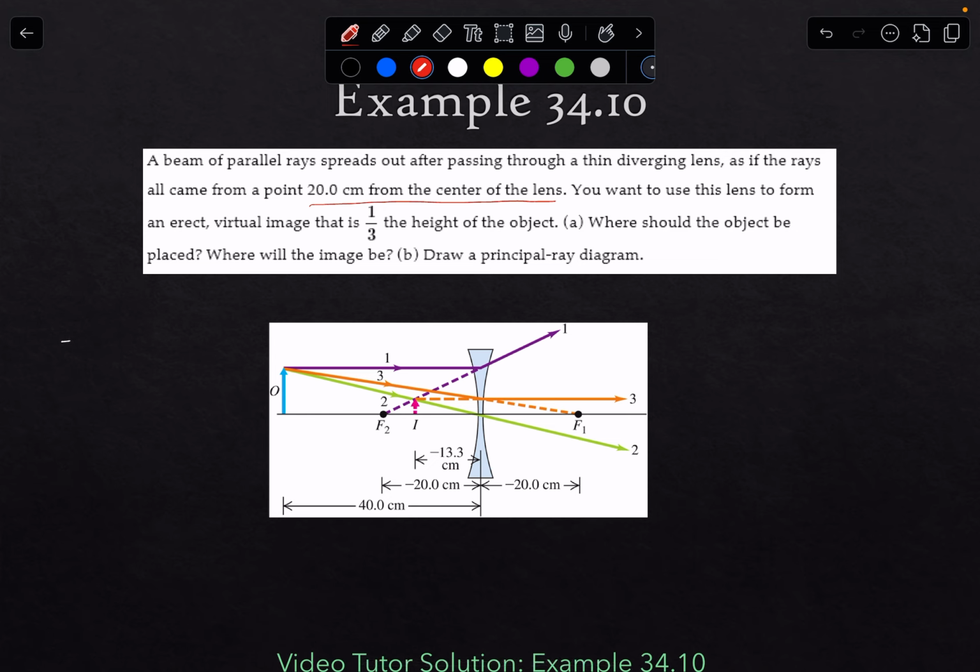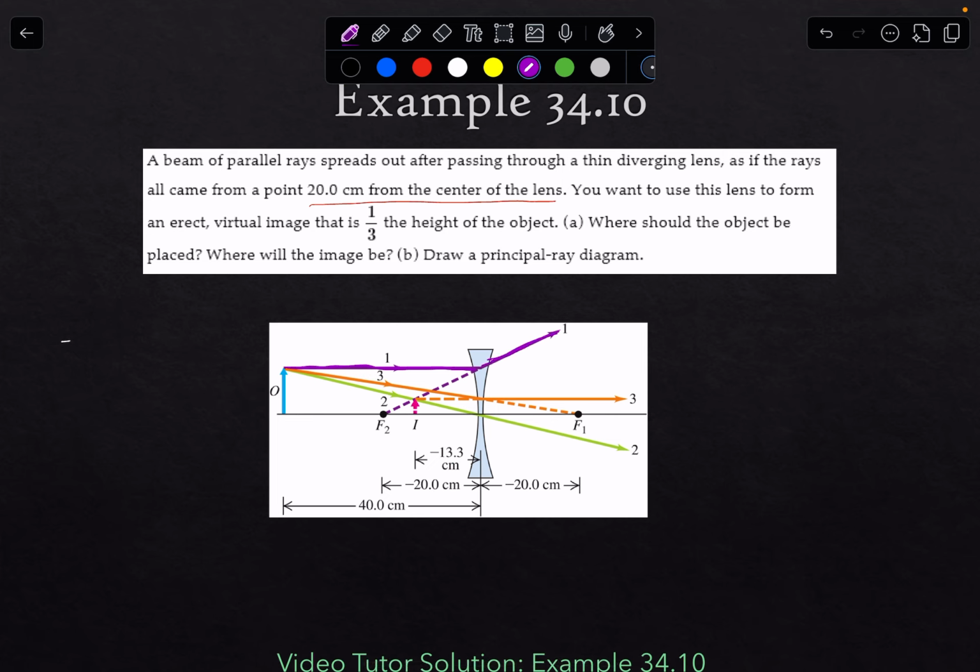What is it? Well, the way that diverging lenses work is, let's look at the purple ray here. Okay, this is the object, and these are all the possible light rays, an infinite number that can come from the top of the object, but we're going to pick three principal ones. The first one goes parallel to the optic axis, and when it meets the diverging lens, it diverges out.